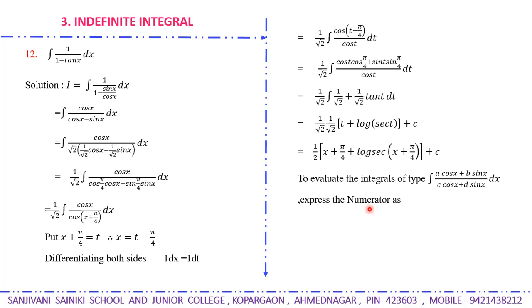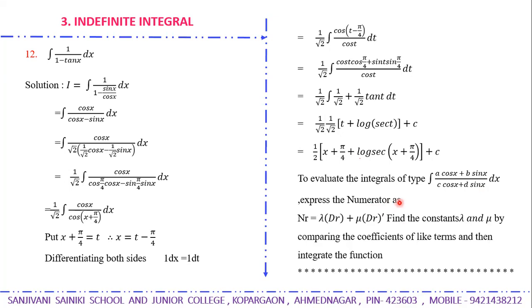Here express the numerator as lambda times the denominator plus mu times the derivative of the denominator. Why are we expressing the numerator like this?